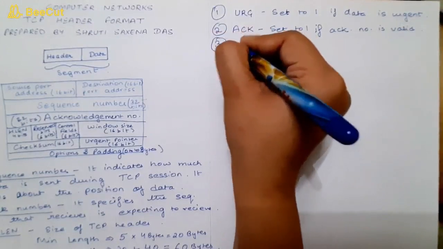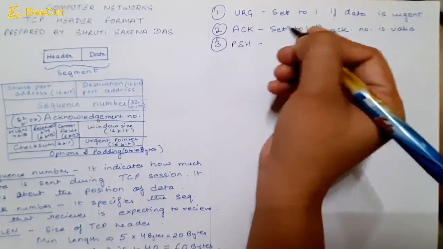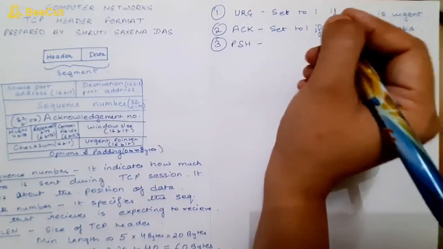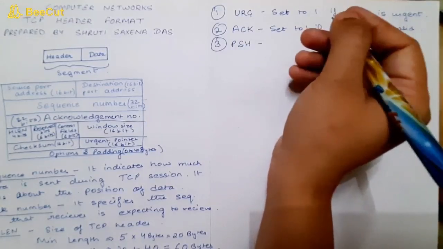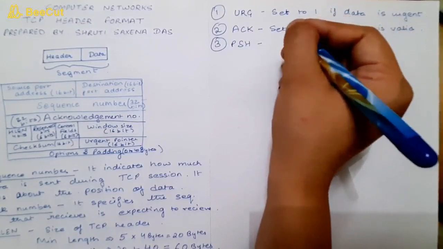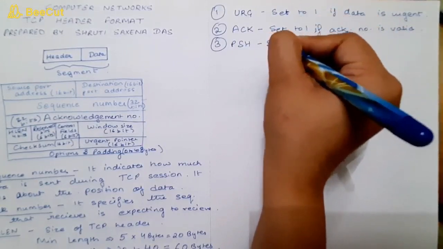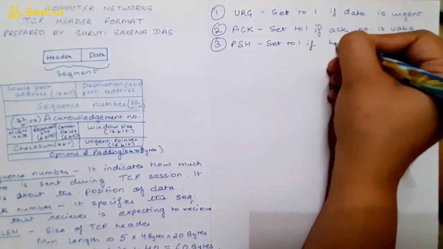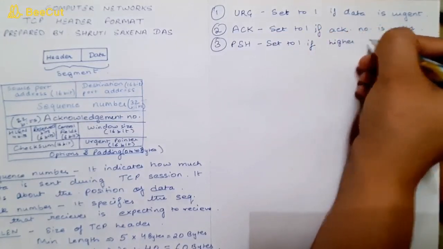Then the third one is PSH. This is the push bit. It is basically for the sender to inform that higher throughput is needed. If this is set to 1, higher throughput is needed from the sender.